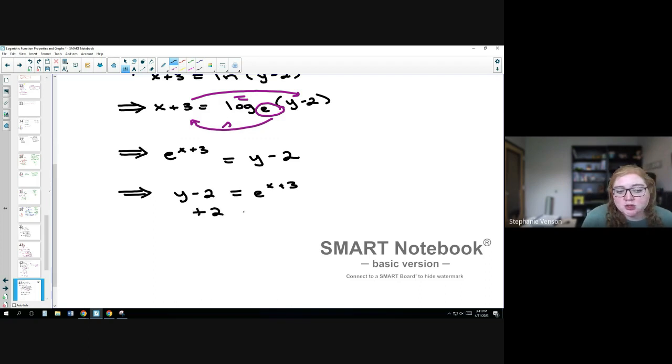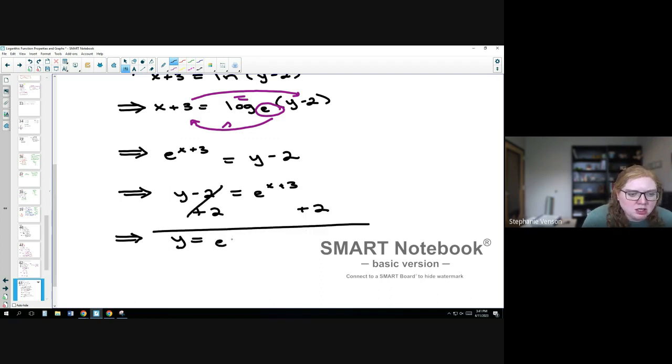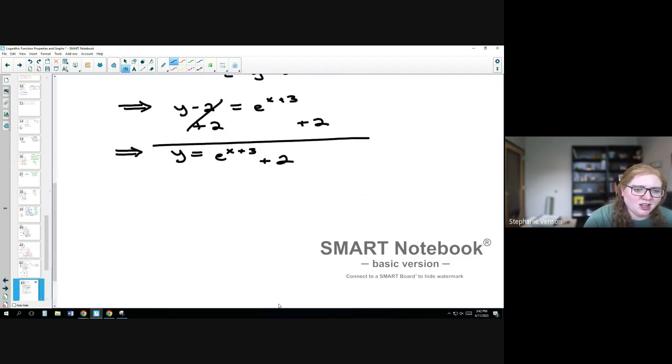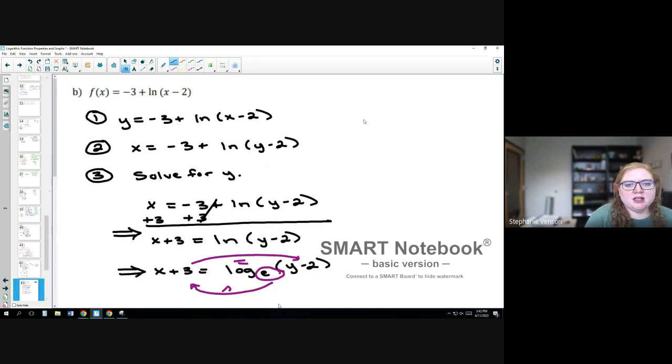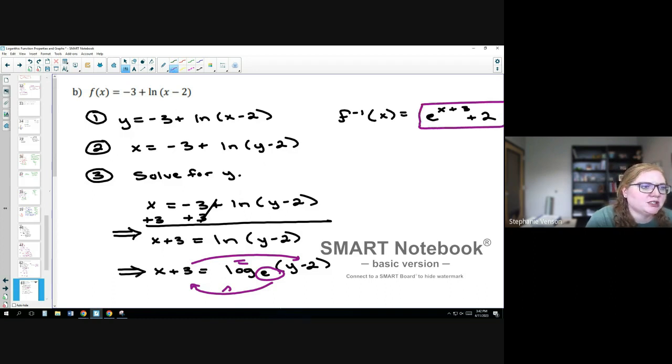So then we're just going to add 2 to both sides. So we get y equals e raised to the x plus 3, plus 2. And that is our inverse. So we would say that our answer for this one is f inverse of x is equal to e raised to the x plus 3, plus 2. And this, of course, is the answer that you would put into Pearson.